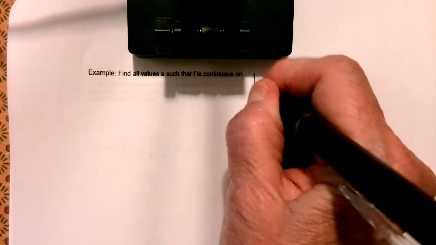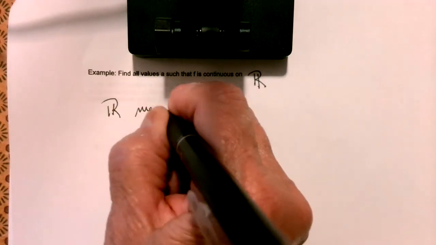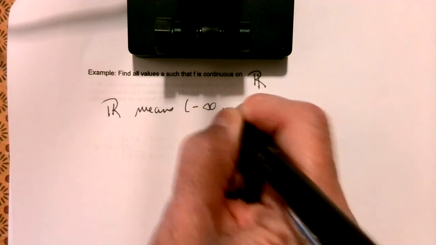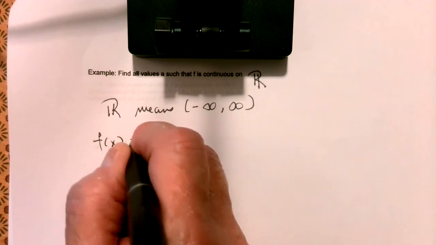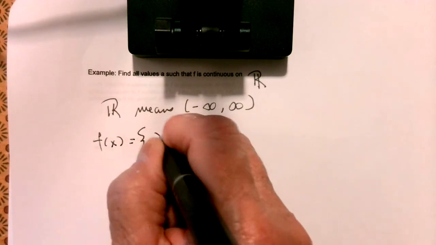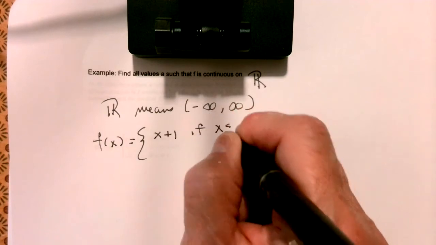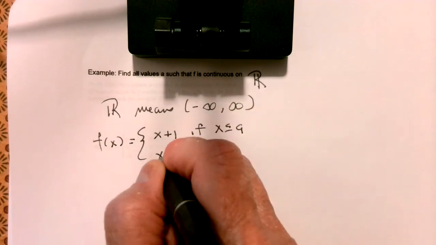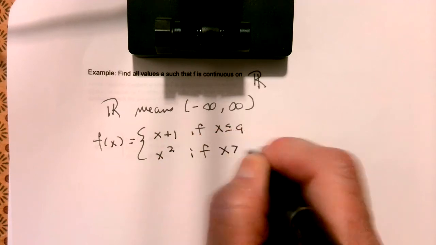Find all values of a such that f is continuous on R, which means minus infinity to infinity. And here's f of x, and it is a piecewise function. It's equal to x plus 1 if x is less than or equal to a, and it's equal to x squared if x is greater than a.